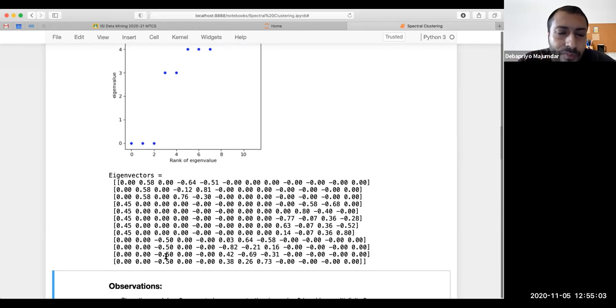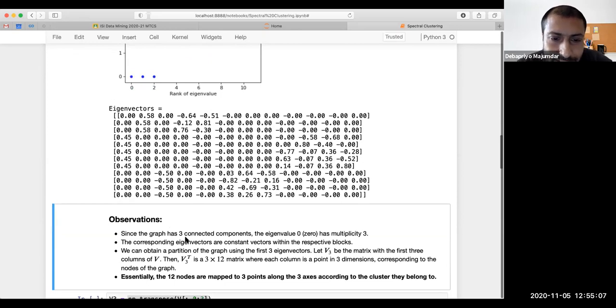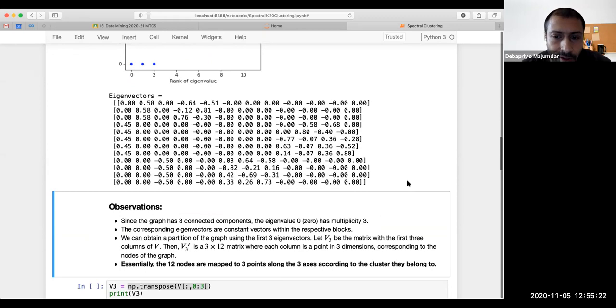Now, observations. Since the graph has 3 connected components, the eigenvalue 0 has multiplicity 3. Fine. We figured last time that if the graph has only one connected component, that means it's a connected graph, then the eigenvalue 0 will have multiplicity 1 only. So the corresponding eigenvectors are constant vectors within the respective blocks.